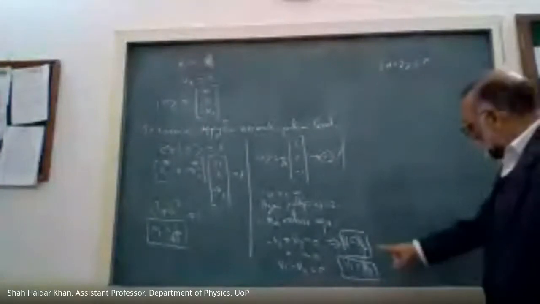So it will be like this. V1 is equal to V3. Here again, in order.